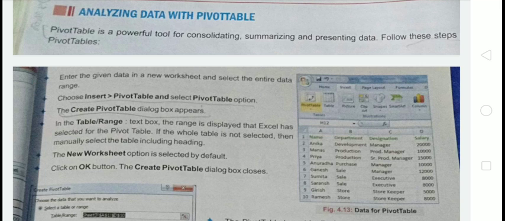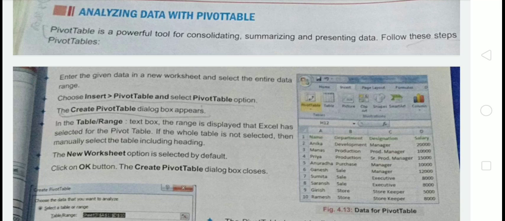If the whole table is not selected, then manually select the table including heading. The new worksheet option is selected by default. Then click on OK button. The Create Pivot Table dialog box closes.